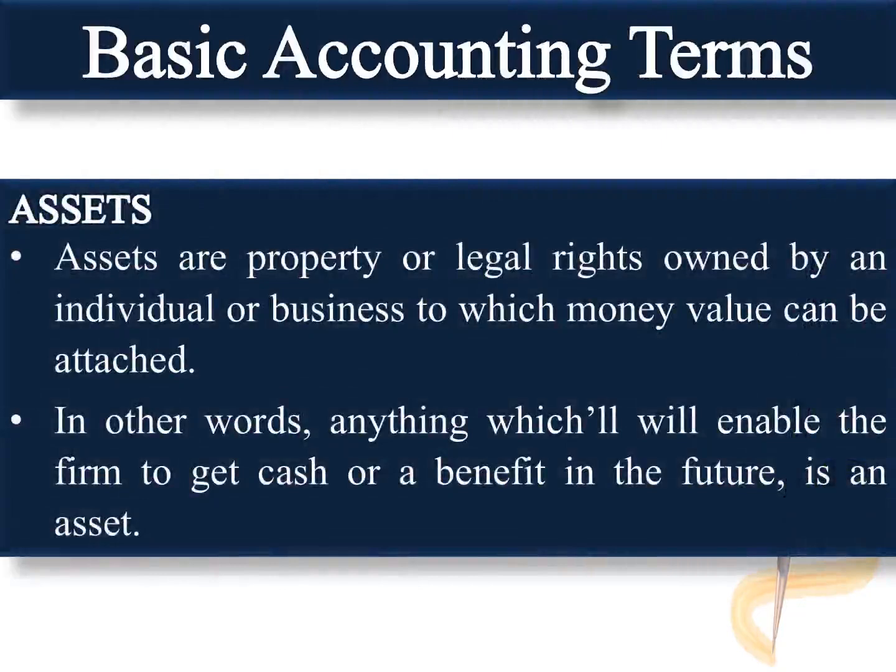Next is assets. Assets are property or legal rights owned by an individual or business to which money value can be attached. In other words, anything which will enable the firm to get cash or a benefit in the future is an asset.